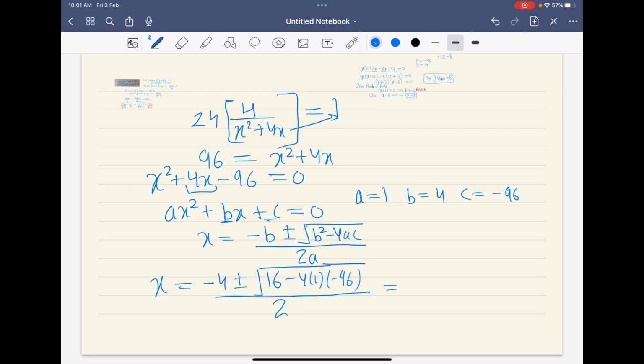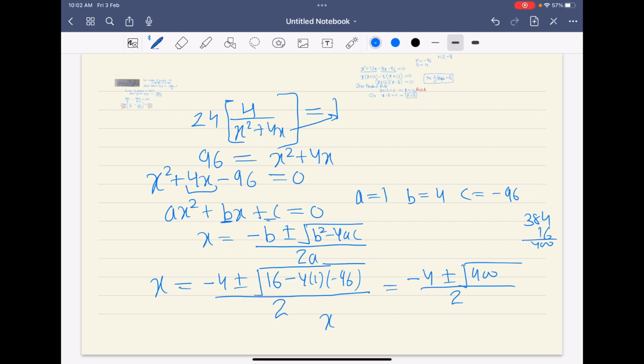So now we have minus 4 plus or minus the square root of 16 plus 384. You add 16 to it, you get 400. And square root of 400 is going to be 20.